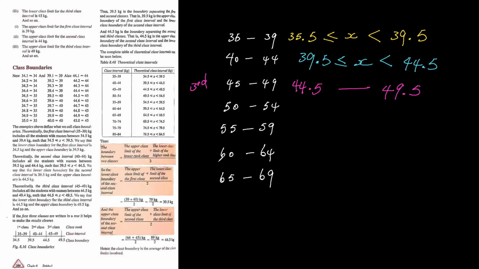All right. Let's go Jenny. For the sixth interval, what is your lower boundary? We'll start it off here. 59.5.